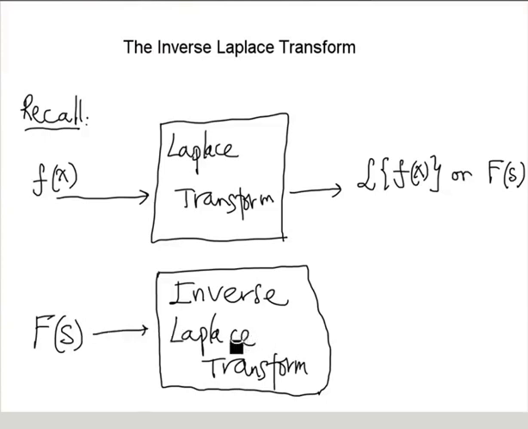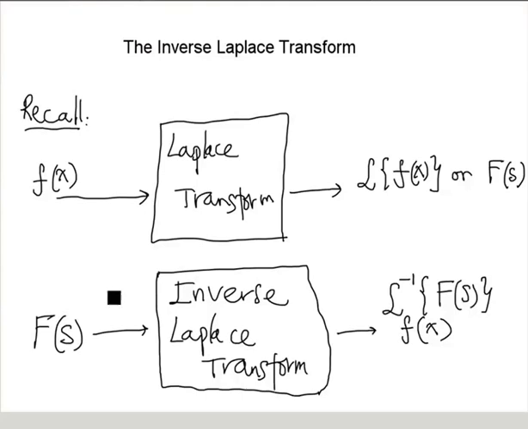And when we have the input like that, the output is little f of x. So it goes backward compared to the Laplace transform. And the inverse Laplace transform is denoted by script L inverse of F of s.